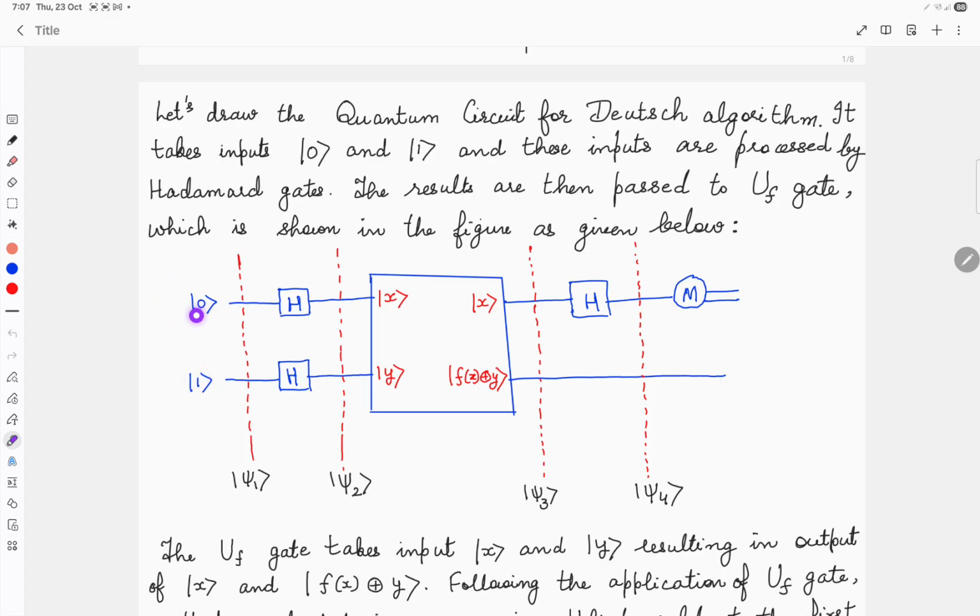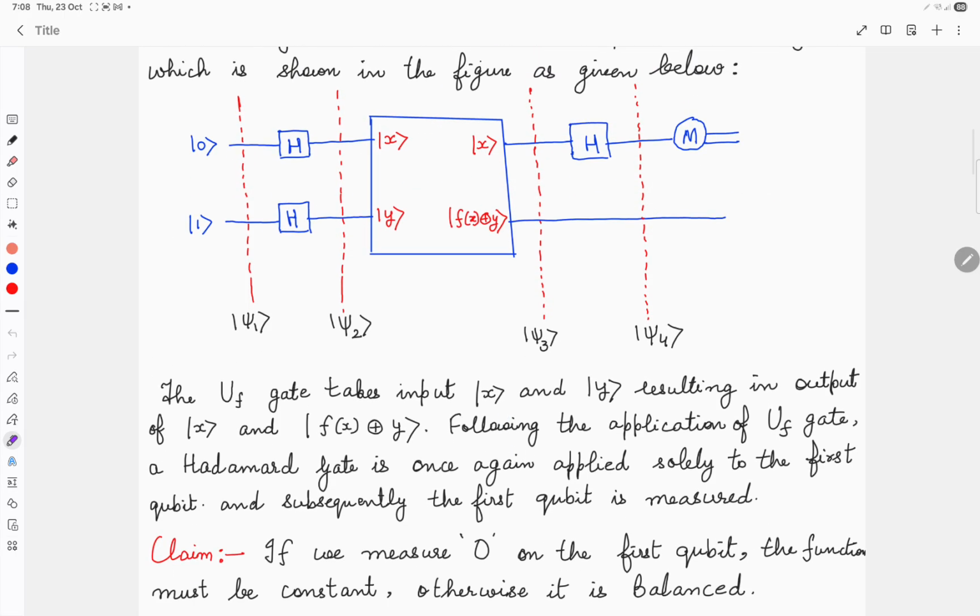So this is our actual input, initialized to 0, which is ket x, and ket y is the ancilla qubit. Now ket 0 is passed through the Hadamard gate and ket 1 is also passed through the Hadamard gate. So ket x is basically an equal superposition, and ket y is also a superposition.